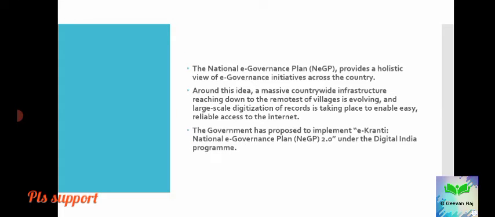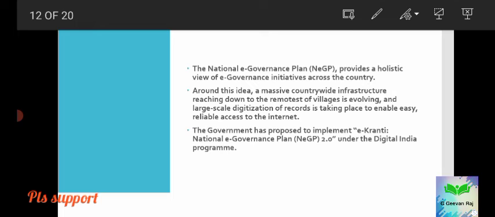Some other initiatives: the National E-Governance Plan provides a holistic view of e-governance initiatives across the country. Around this idea, a massive countrywide infrastructure reaching down to the remotest of the villages is evolving, and large-scale digitization of records is taking place to enable easy and reliable access to the internet.